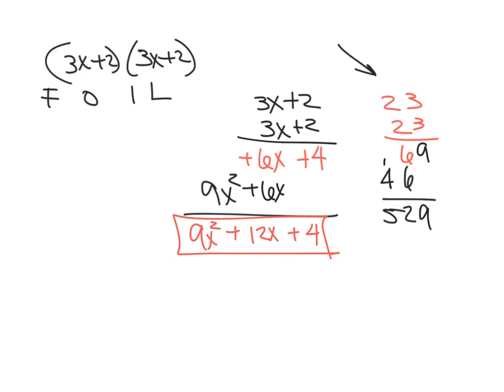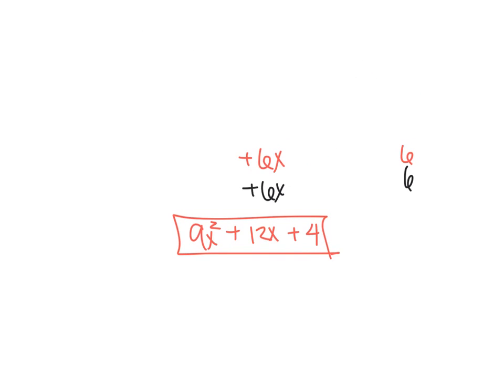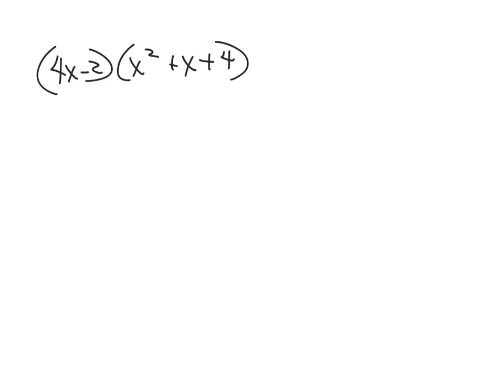Okay. So let's look at one more, and this is the reason you learn this vertical method, is because when you're given some pretty crazy equations, the vertical method seems to be the best way to do these. Holy cow, it's hard to get rid of all this junk. Alright, so we've got 4x minus 2 times that.